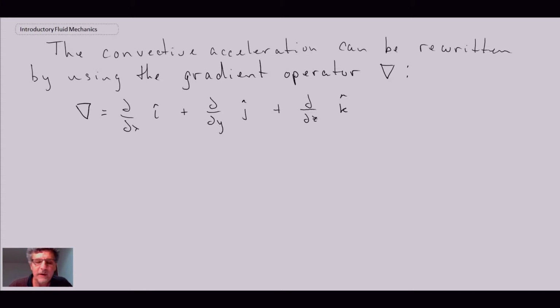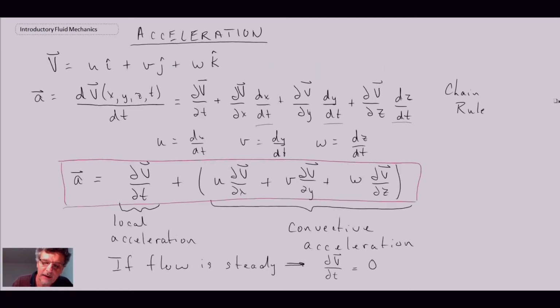So when we look at our convective acceleration, remember, let's go back and look at it. That was this term in our acceleration. This is our convective acceleration. We're going to rewrite that now using the gradient operator.